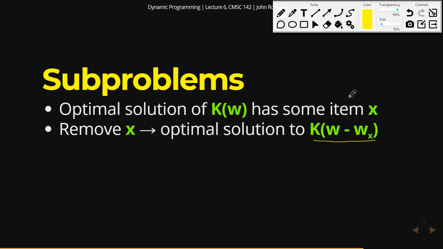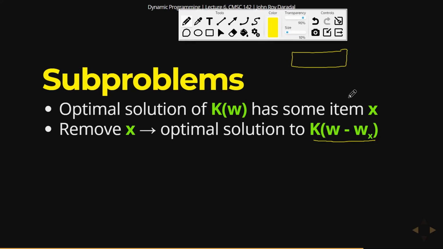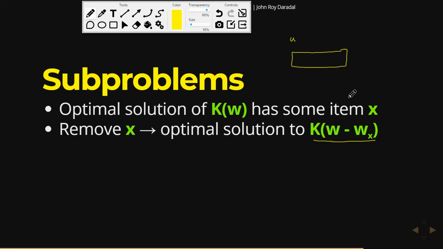So let me show you an illustration. Let's say we make the capacity 7, so that we have more items to add.